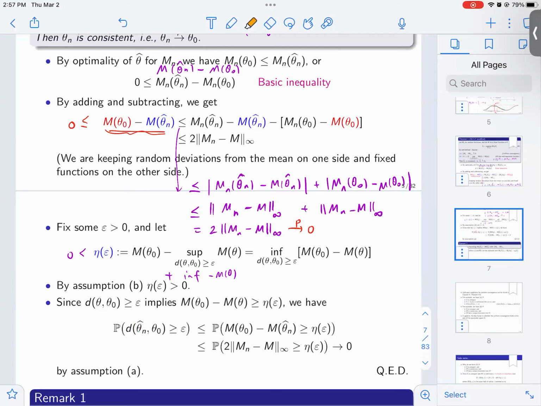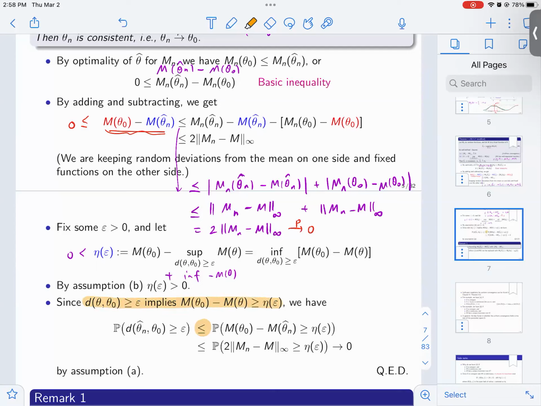We have this inequality. Why do I have this inequality? It's kind of like the triangle inequality, isn't it? No, it's not the triangle inequality. It follows from this statement.